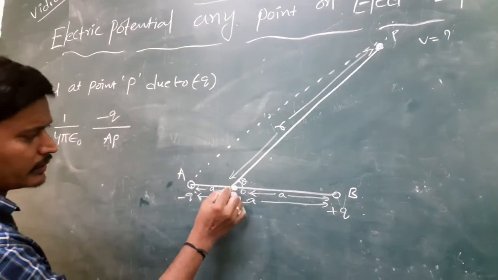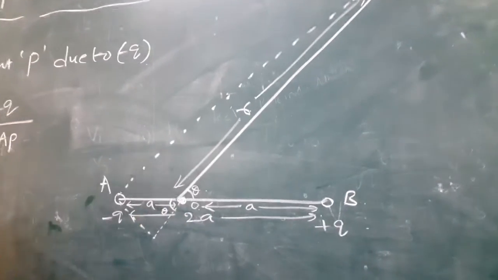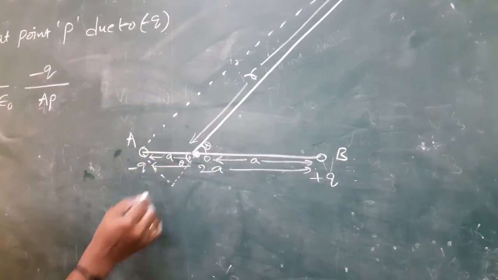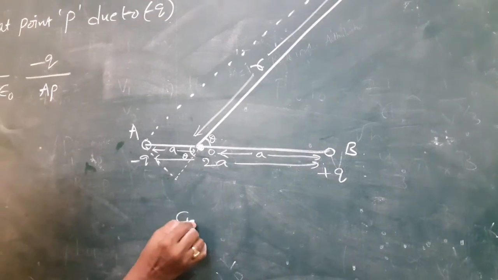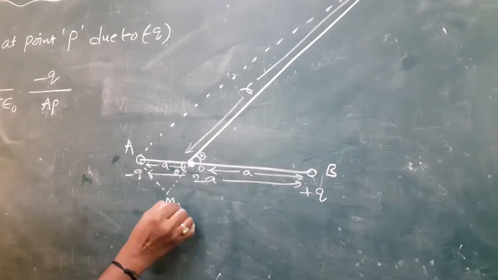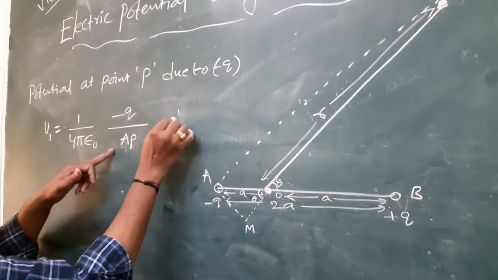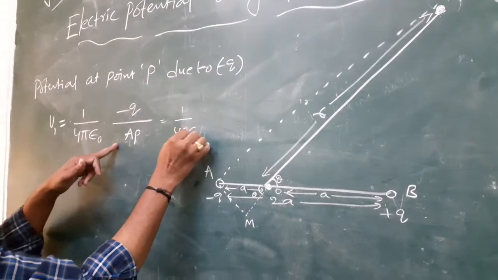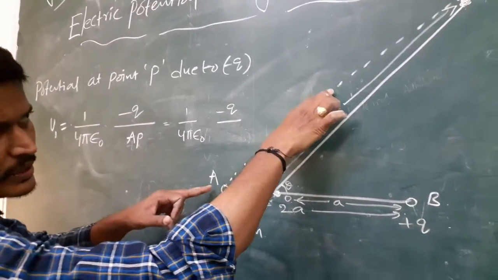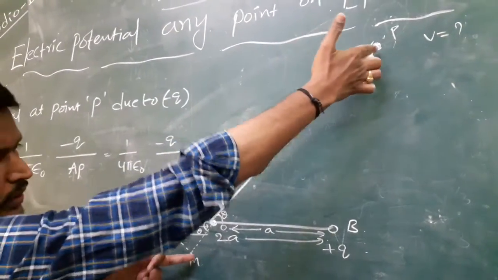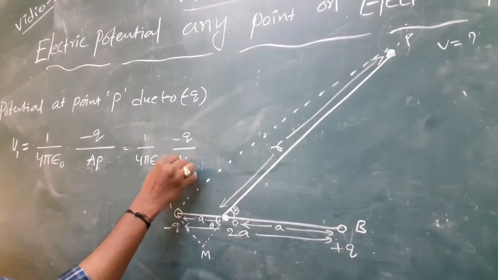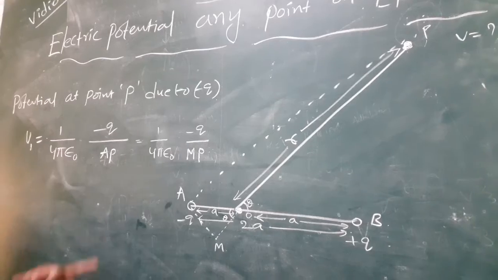Here is theta. The AP distance is approximately equal to the MP distance from the triangle.